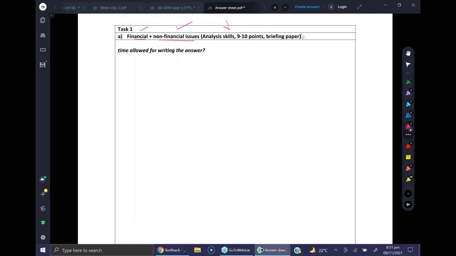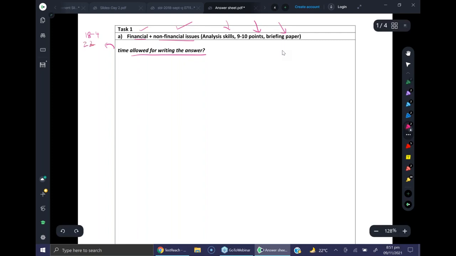I'll have to write 9 to 10 points, as we discussed also. And I will also mention the format, briefing paper, because I don't want to forget about this format and lose my easy marks. I will add one more important point as well to manage time: how much time is allowed for writing this answer. So I think it's a total of 18 plus 4, 18 technical, 4 professional, 22 marks.